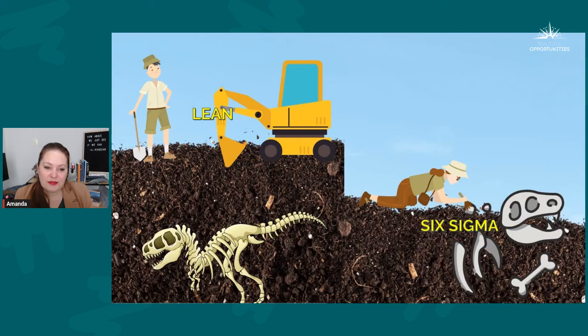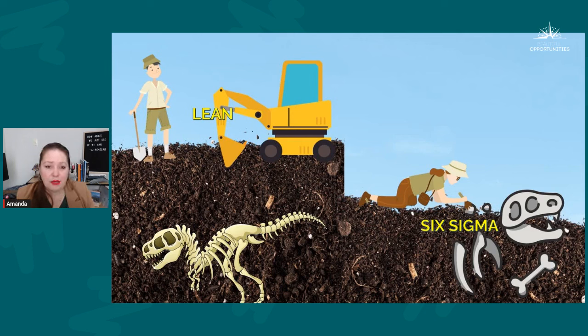And so in lean, what we're doing is, if you are a paleontologist or an archaeologist, let's say, when you get to the place that you're going to be digging out those dinosaur bones, you're going to look out across a big dirt field, right? And you won't be able to see those bones, most likely, that are in the dirt, that value to you.